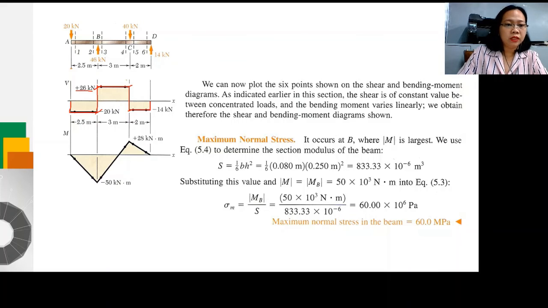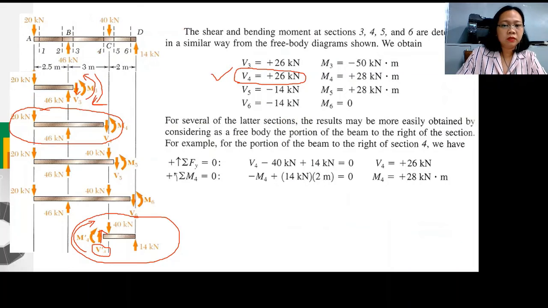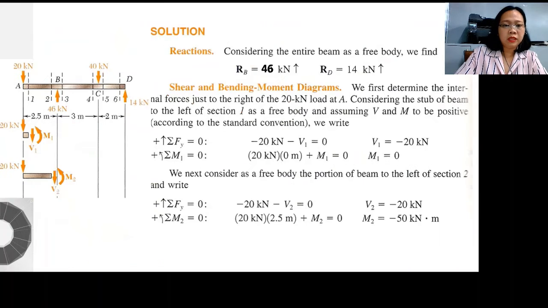at point A is 0. But then, the moment right after here, the moment here is, ila to? At point 2, the moment is negative 50 at point 2.